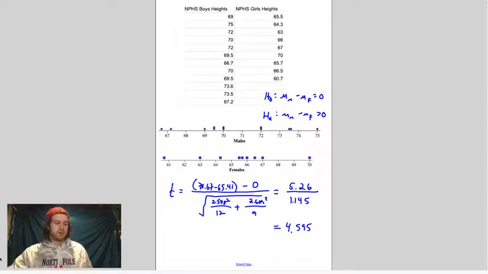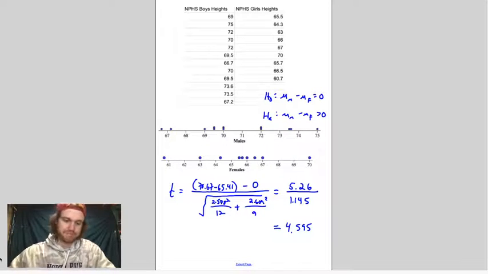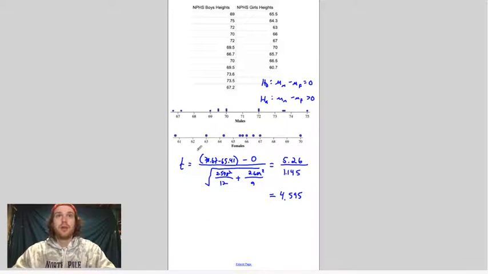So 4.595 is kind of the number of deviations or standard errors we are going over on our t distribution. So let's draw that in a curve. Basically, how rare are our results based on the distribution? If this is our t distribution, ooh, that's ugly, we're going to go out 4.595.